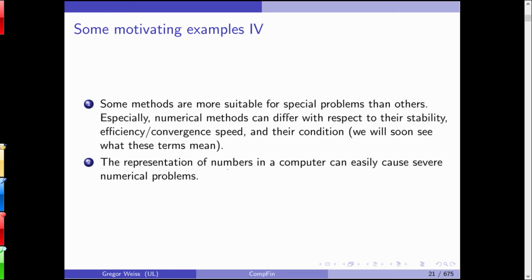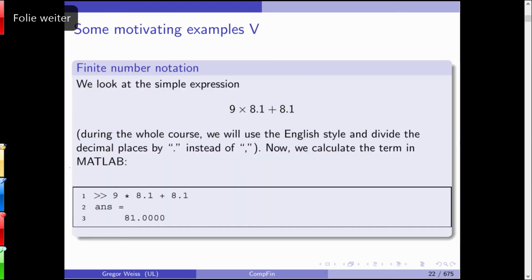But you can imagine that usually there are algorithms that are more exact, that are faster, that are more efficient, and so on, and you always know probably that the representation of numbers in a computer can cause problems, and you will get rounding errors. Okay. So let's look at this very, very motivating first example in MATLAB.